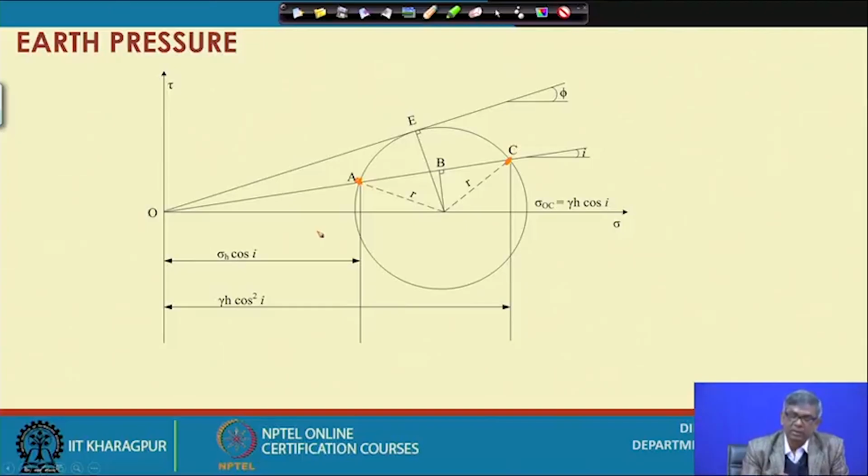Similarly, when there is a sloping backfill, again we can take the help of the Mohr circle and find out the expression for the coefficient of earth pressure at a sloping surface, for the active condition and for the passive condition. So that is the one. So when there is a sloping backfill, this is your lateral stress and this is your vertical stress. Now, taking this geometry, we can establish other things.